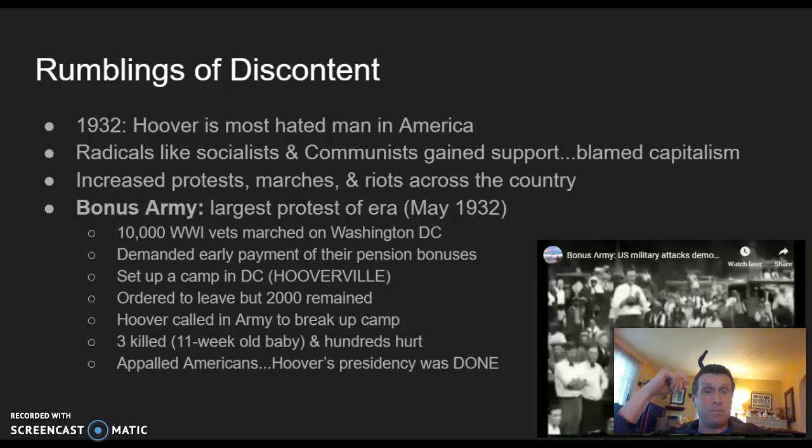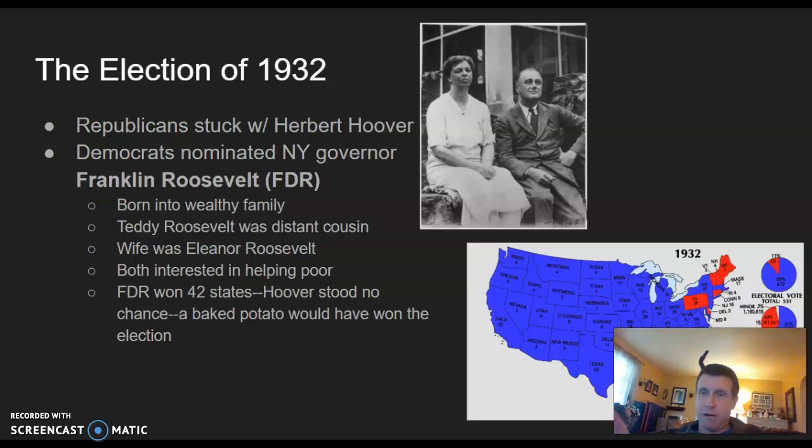While it wasn't Hoover who did it himself, he ordered it. This appalled and angered people, and he was done as president because just a few months later he would run for re-election against this guy here, President Franklin Roosevelt, which you will learn about a lot more in the next chapter.